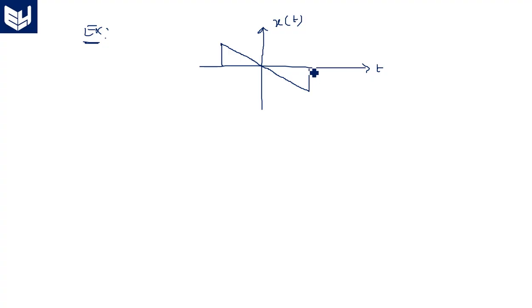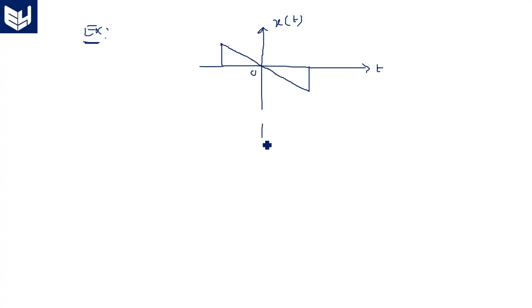Just for better understanding I am taking one more example. So this is t, this is x of t. I am taking a signal like this. This is 0.